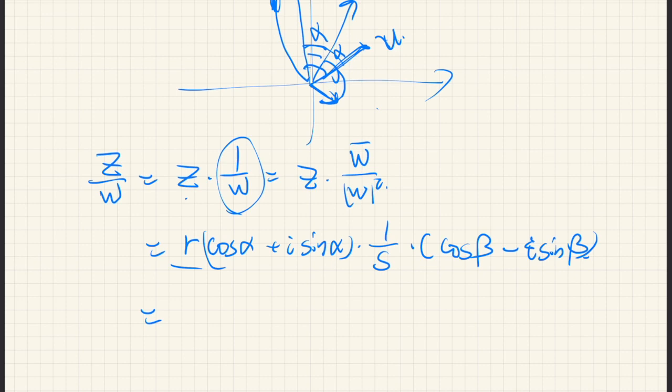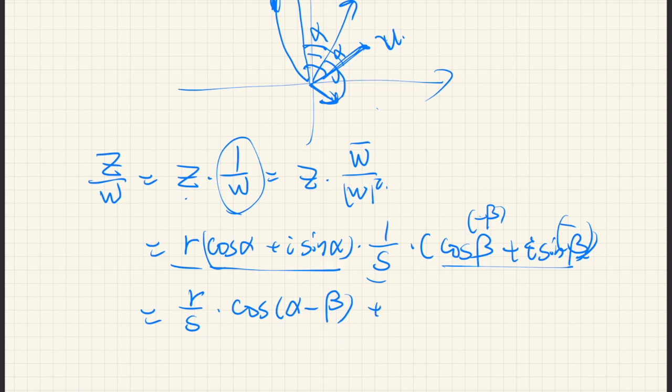So we have r over s, and this times this. We can write this as negative beta and plus negative beta here. So that becomes cosine alpha minus beta plus I sine alpha minus beta.